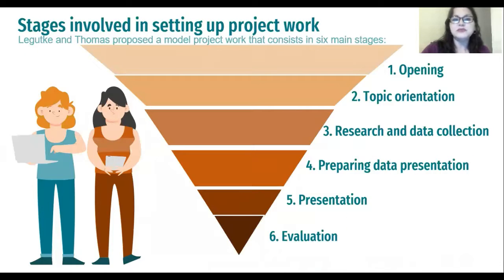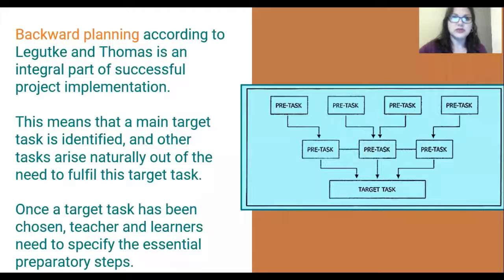The stages involved in setting up a project, according to Legutke and Thomas, consist of 6 main stages: opening, topic orientation, research and data collection, preparing data, presentation, and evaluation.